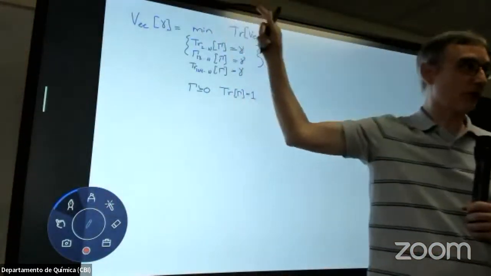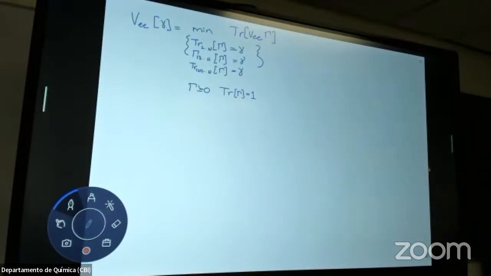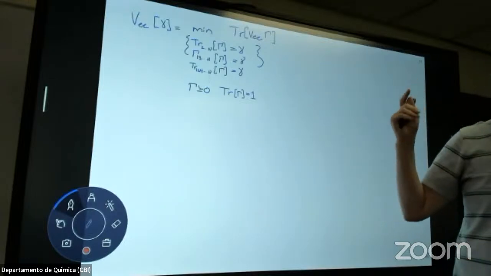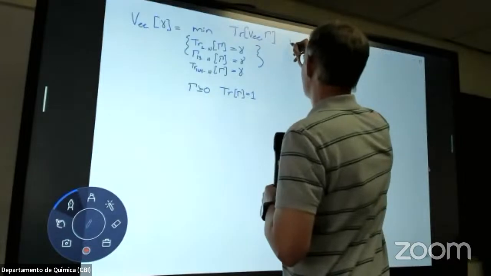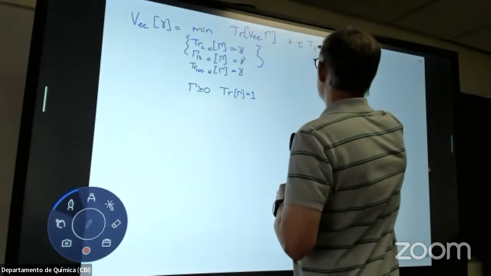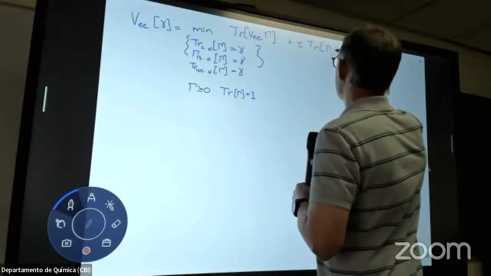We've already done some work on this functional. We know, for instance, it's not going to be differentiable. It will be continuous. It's unpleasant, right? So we're going to regularize it, and we use a standard trick. We add, this is the energy, we turn it into a free energy, right? So we regularize it, and we add tau times the trace of gamma times log gamma.